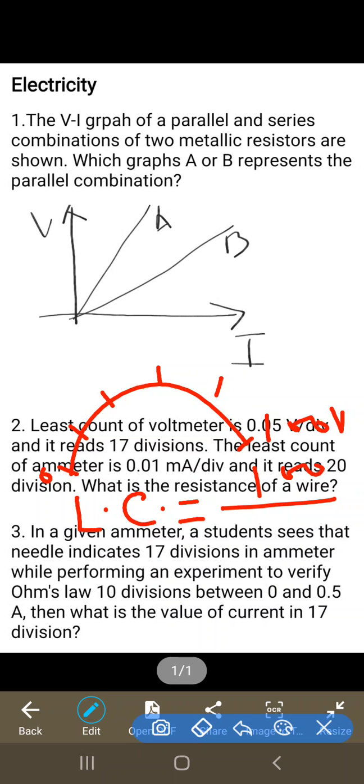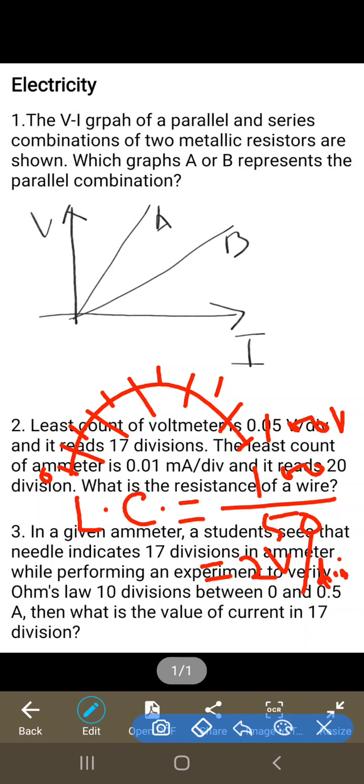Here I take the case for voltmeter. So maximum range upon total number of divisions. Say total number of divisions here is 50: 10, 20, 30, 40 and 50. So we divide. It means 2 volt per division. 2 volt per division will be the least count.